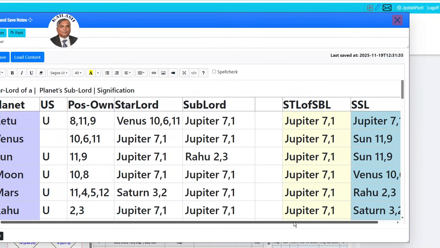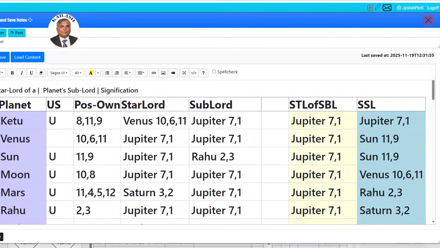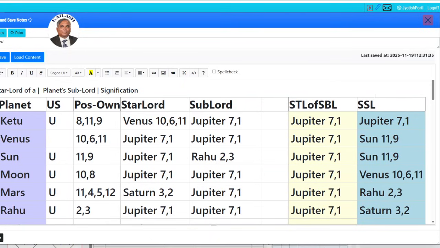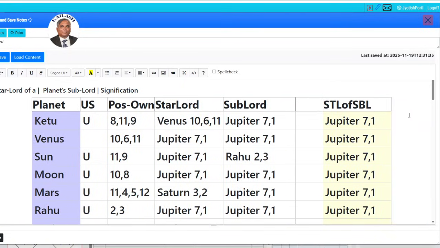If you break down this phrase, it will become clear. Let's say what is Ketu's sublord?